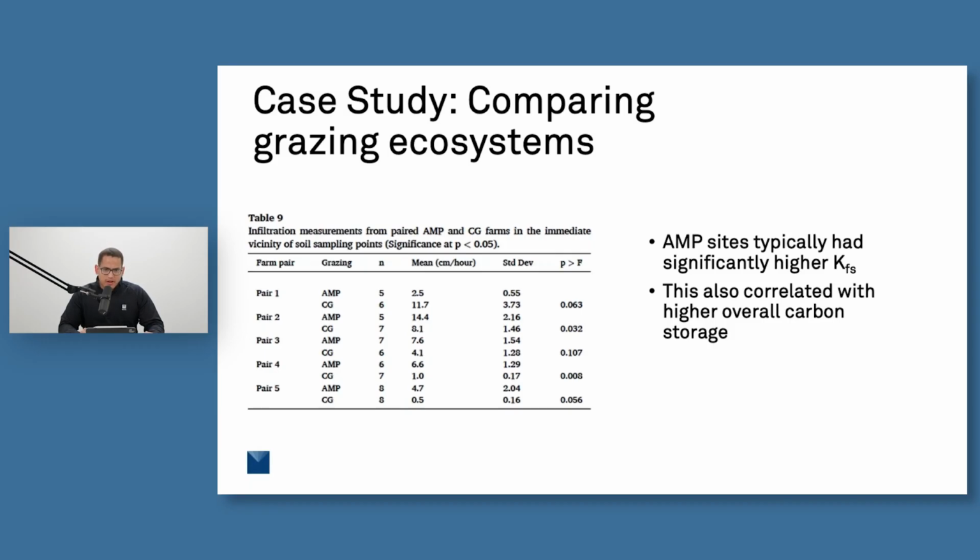As you can see in the table here on the left, you can see comparisons of these paired sites, and you almost consistently see higher hydraulic conductivities in the AMP sites than in the continuous grazing sites in almost all of the pairings. And this is typically an indicator that these AMP sites have better soil health.